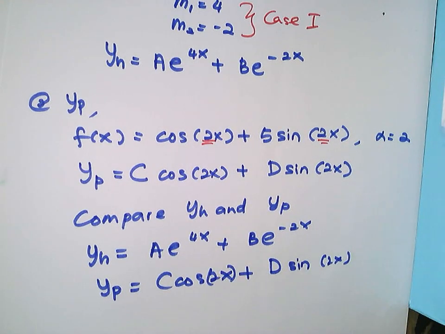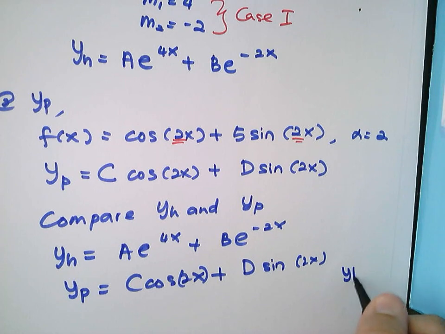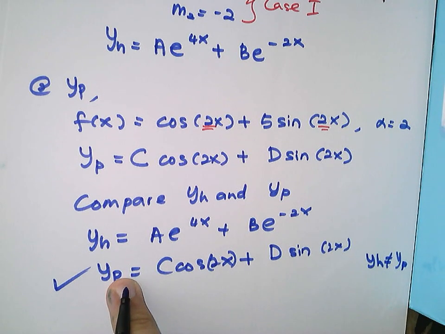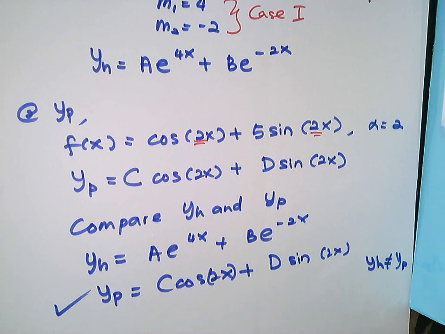Clearly you can see that there is no similar function or terms in YH and YP, isn't it? So YH is not equals to YP. So therefore you can choose this one as your YP. This example is much easier compared to the first one that we already discussed in the previous video. So I hope you can do it.